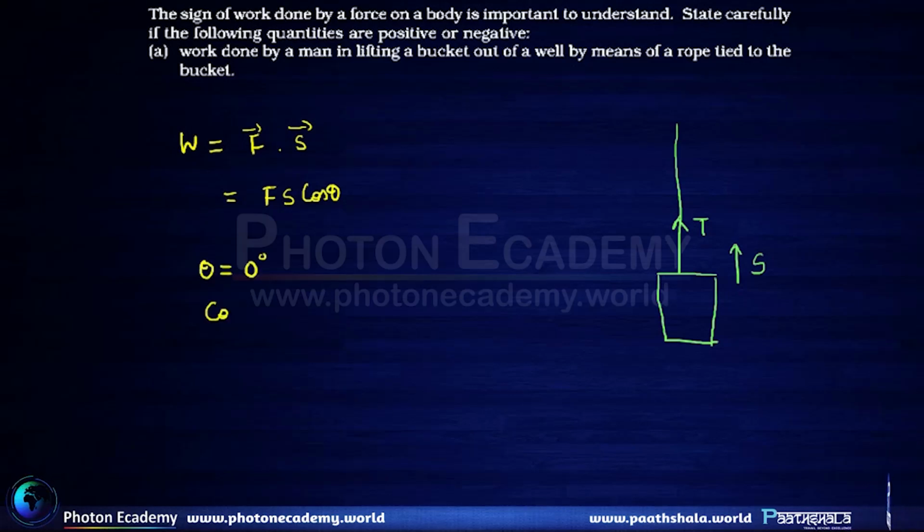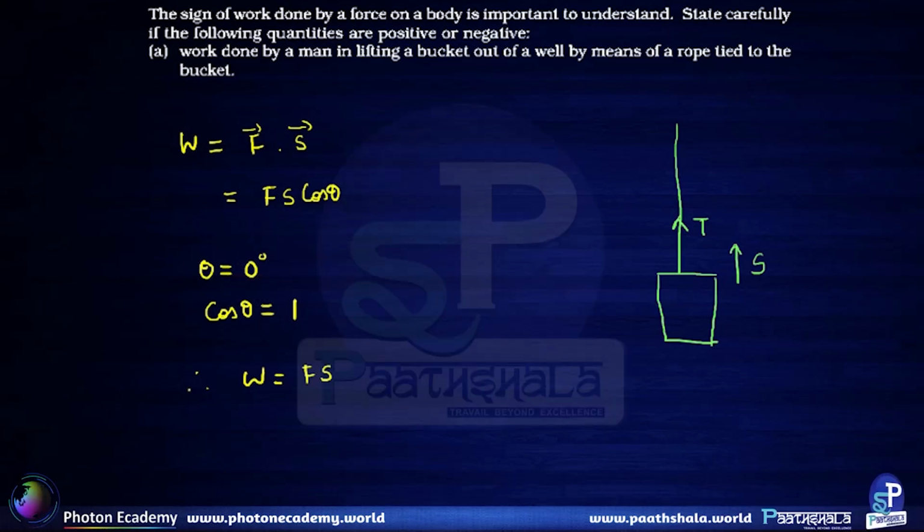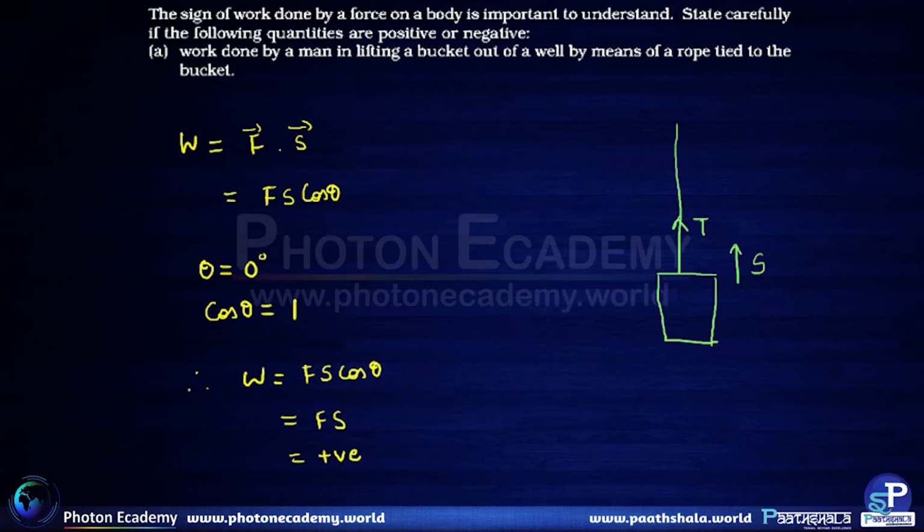Hence cos theta is equal to 1. Therefore work done will be F s cos theta. As cos theta is 1, work done is F s, and this is positive. Therefore the work done by the man in lifting the bucket out of the well by means of the rope tied to the bucket is positive.